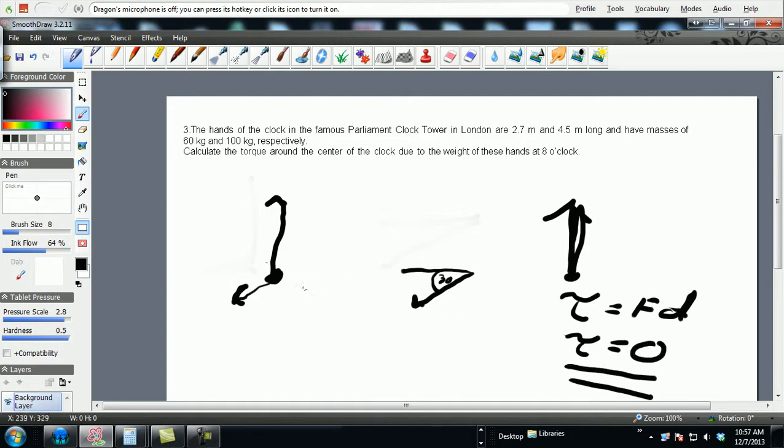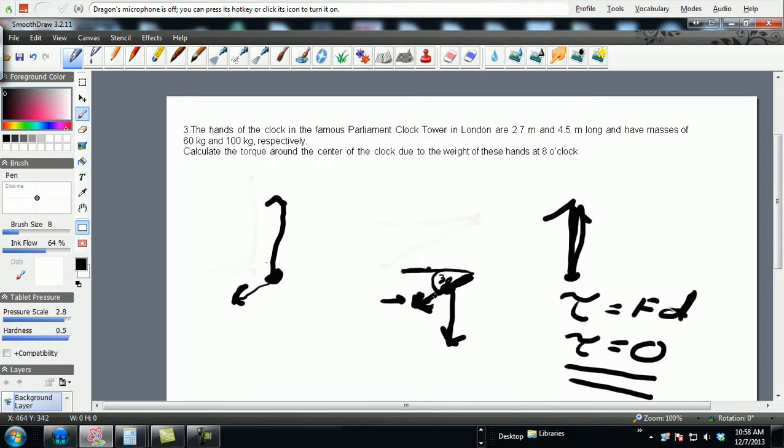Now if you look at this angle right here, no big deal. You have to be careful, and let's get the perpendicular component of this distance. Remember, the mass of this hand pulls straight down, so its force goes straight down, and we need the perpendicular component of this distance right here.